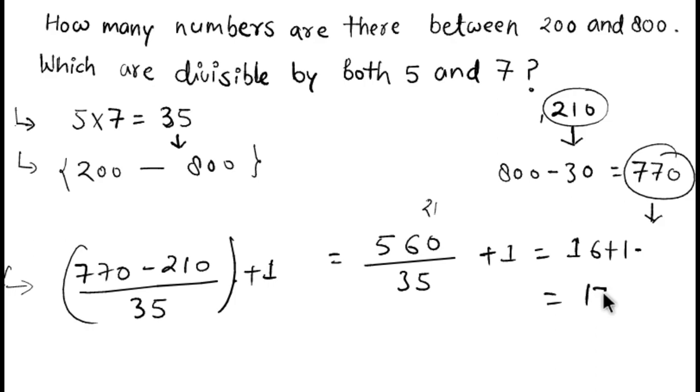Finally, 16 plus 1 is 17. So 17 is the required number of numbers which are divisible by both 5 and 7 between 200 and 800.